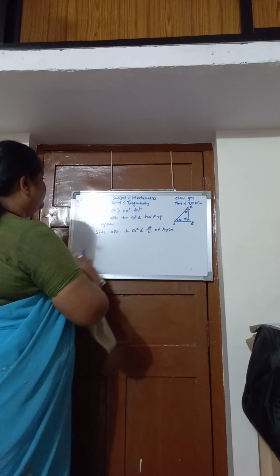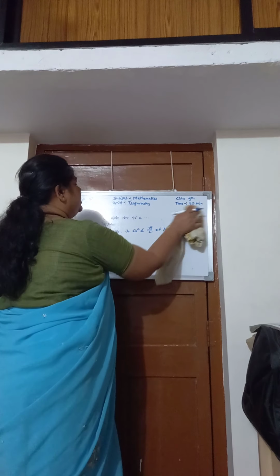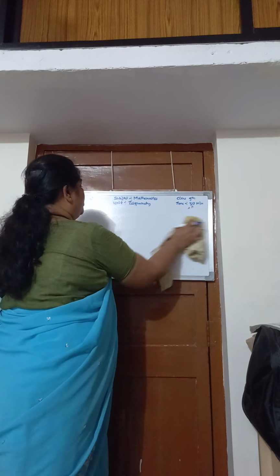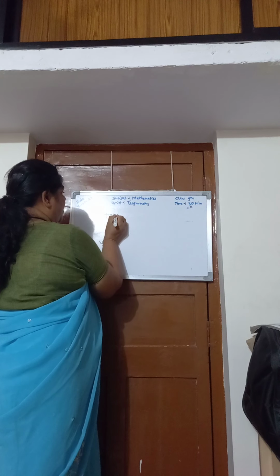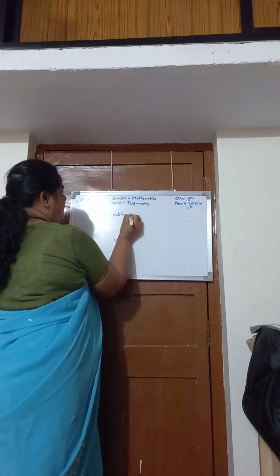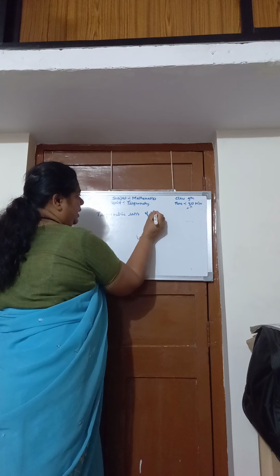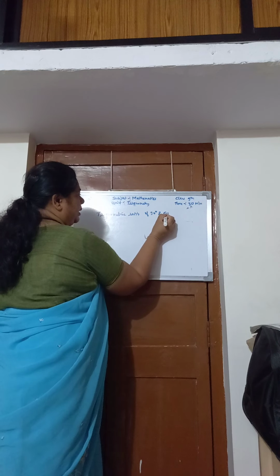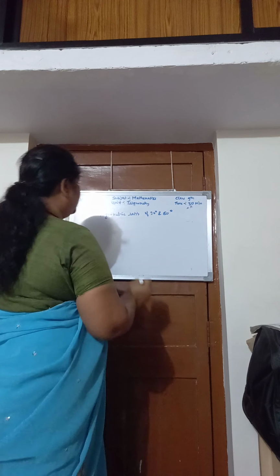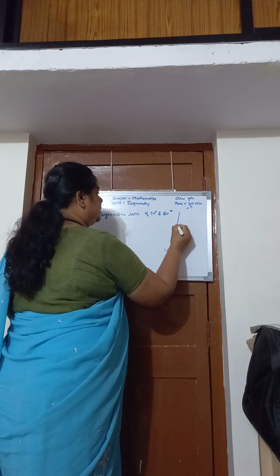Now we will see the trigonometric ratios of 30 degree and 60 degree. For it we have to consider this diagram.